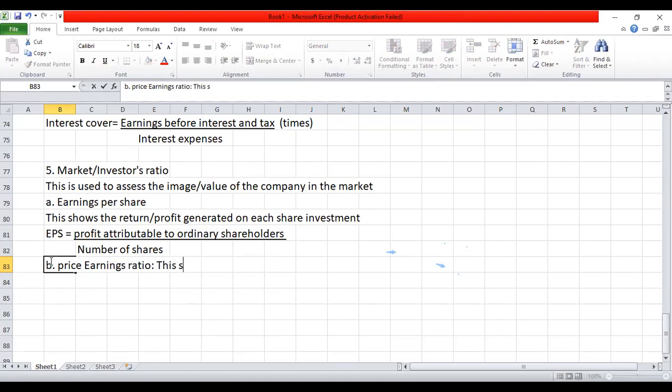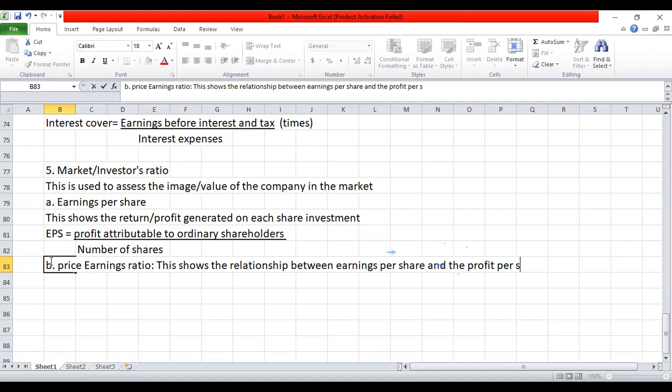This shows the relationship between earnings per share and the price per share.